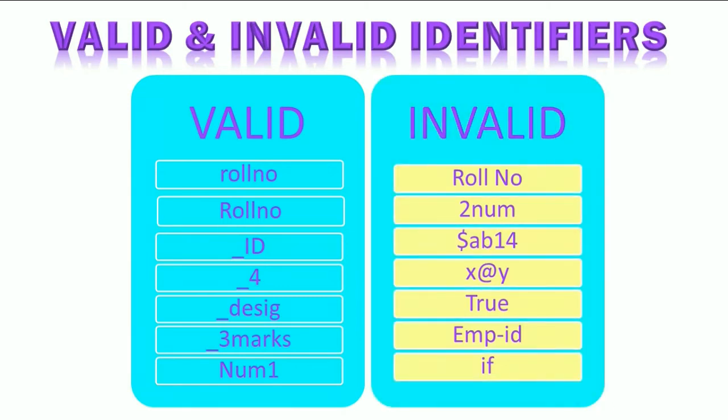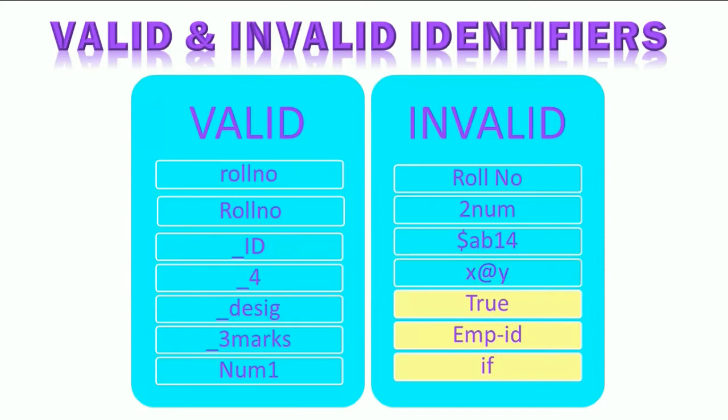Now, invalid identifiers. The first one, roll number with a space, as we know that Python does not allow space in the name of the identifier. Then 2num. The identifier cannot start with a number. $AB14. Dollar is a special symbol that cannot be allowed in the name of the identifier.